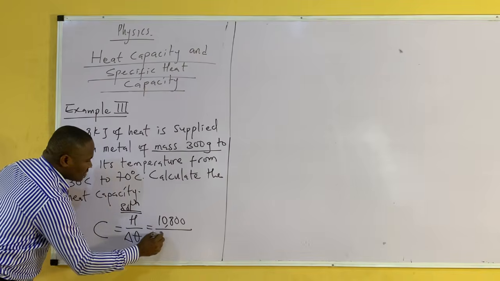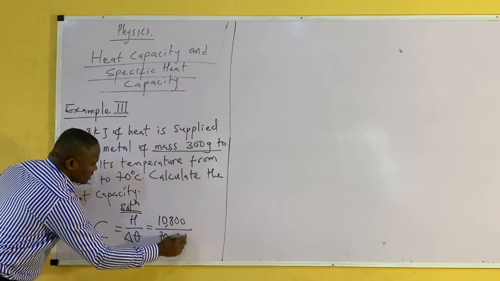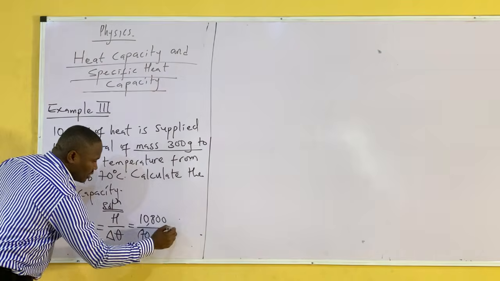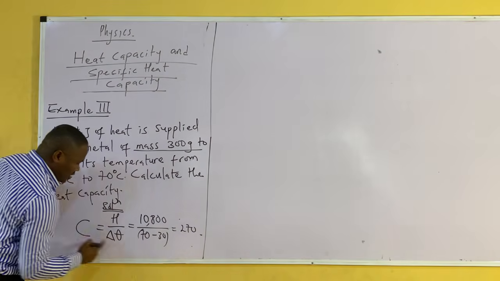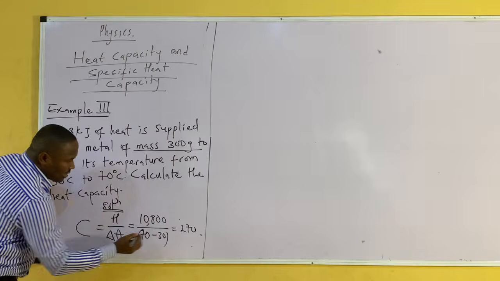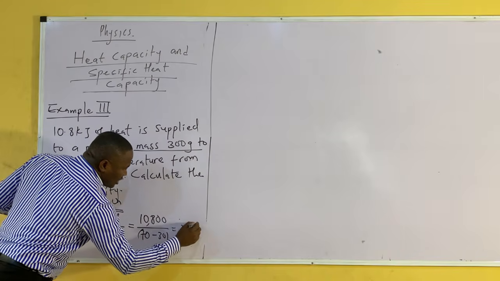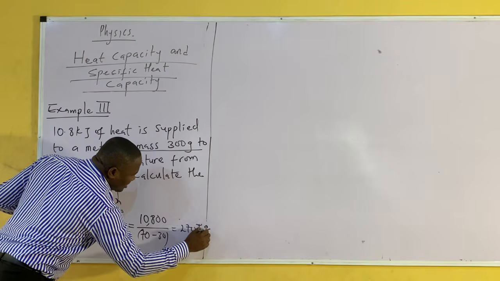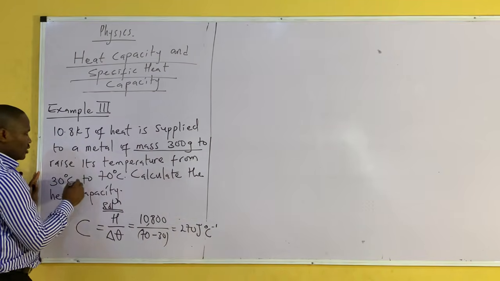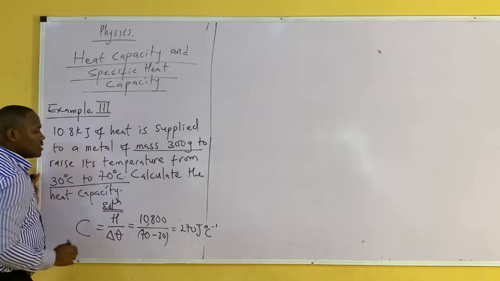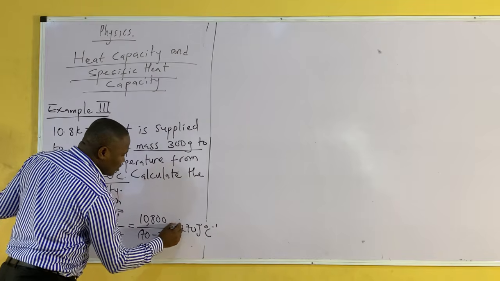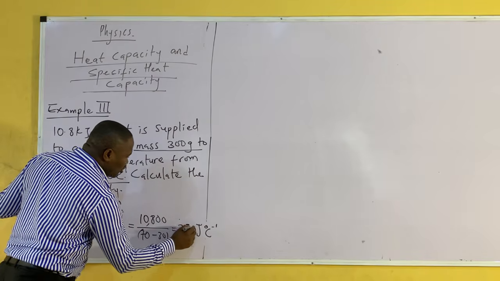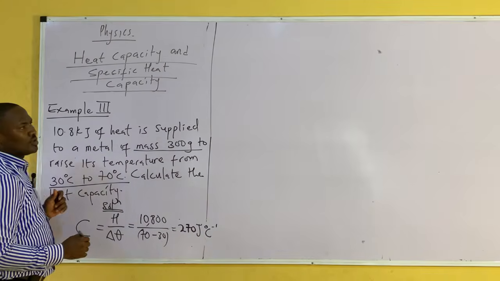It is 70 minus 30. So that will be equal to 270. Remember the SI unit is joules per Kelvin. Now watch this, it will not be joules per degree Celsius. Why? Because my temperature is in Celsius. So 270 joules per degree Celsius.